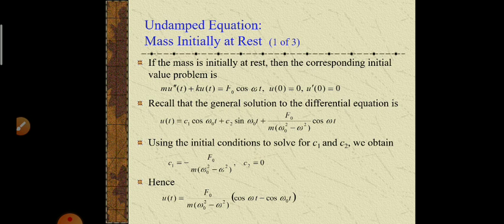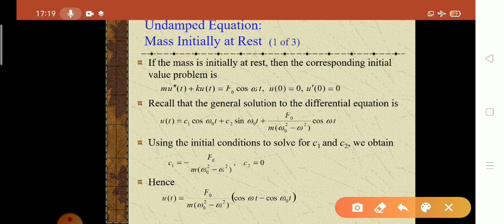Hence, putting the value of C1 in the equation of the general solution, we get C1 cos omega 0 t here. If you put this value here, then we get u t is equal to minus f0 divided by m into omega 0 square minus omega square into cos omega 0 t.